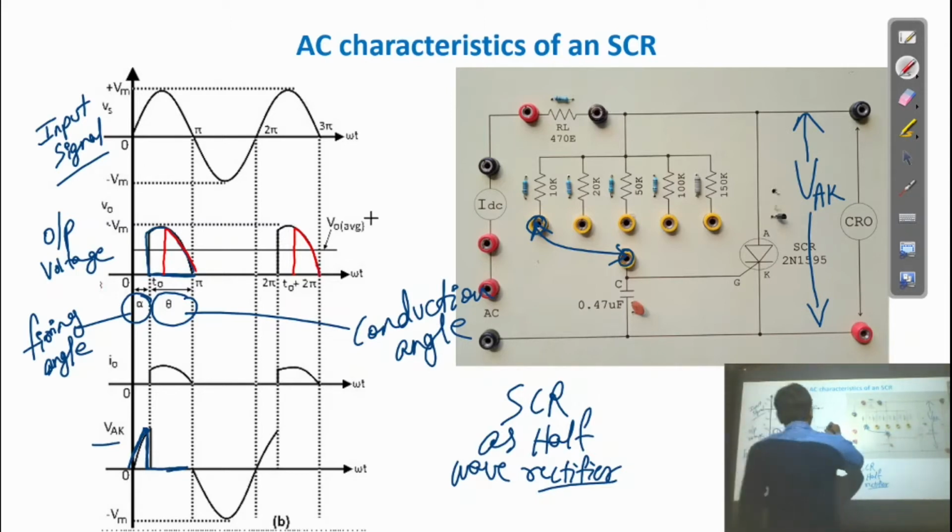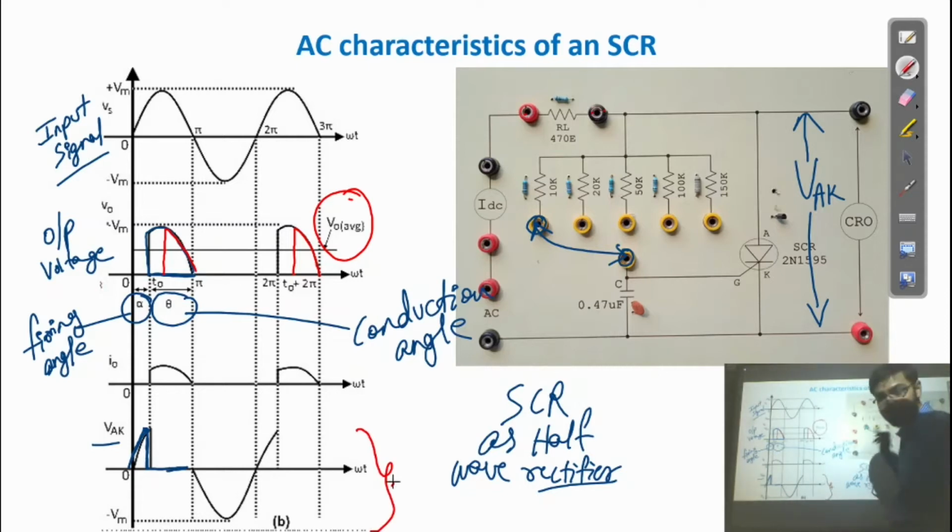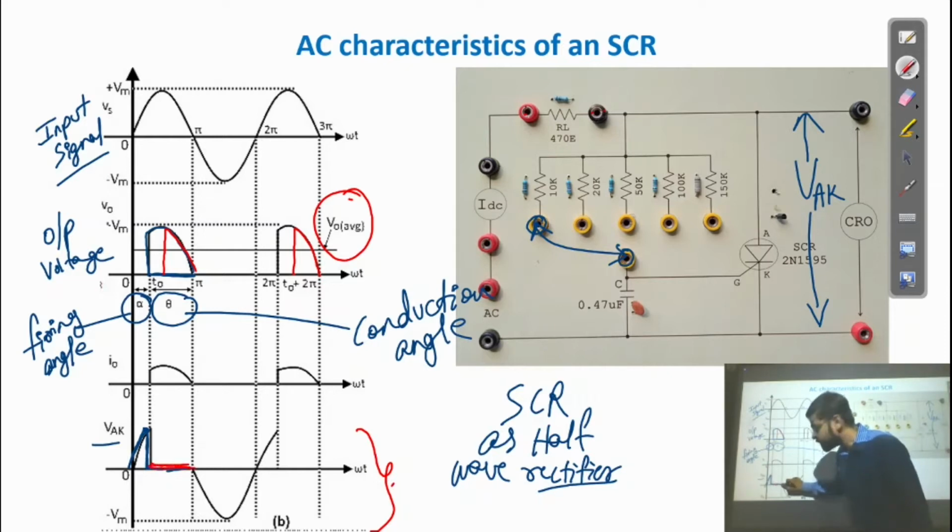So this is the voltage across resistance RL load. This is the voltage across SCR VAK. We can see for this fired amount of time, the SCR is not having any potential generated across it, because SCR is in on condition.